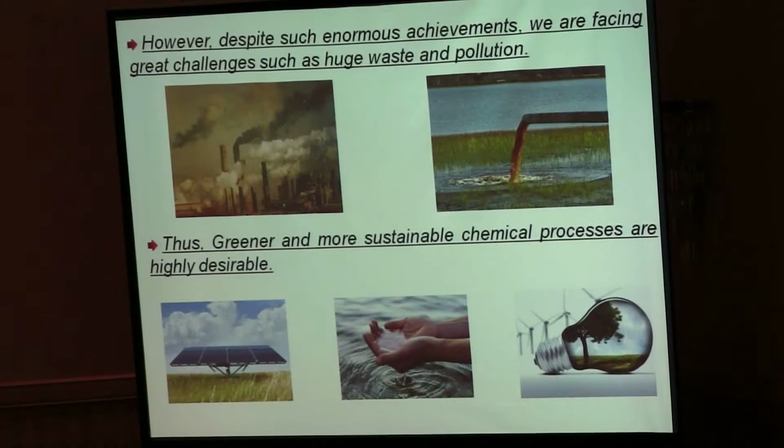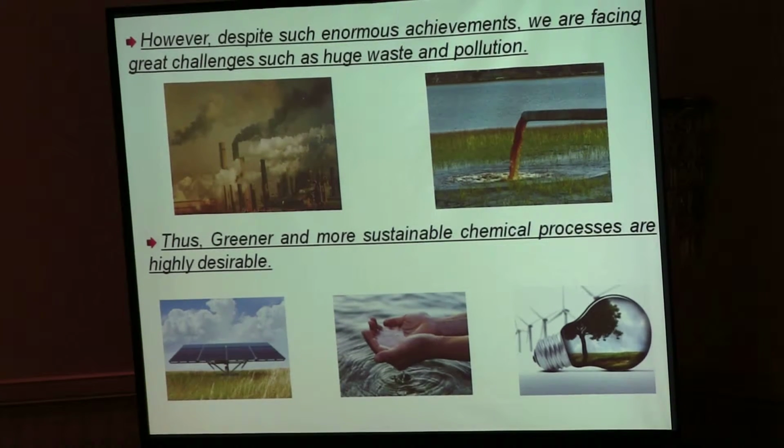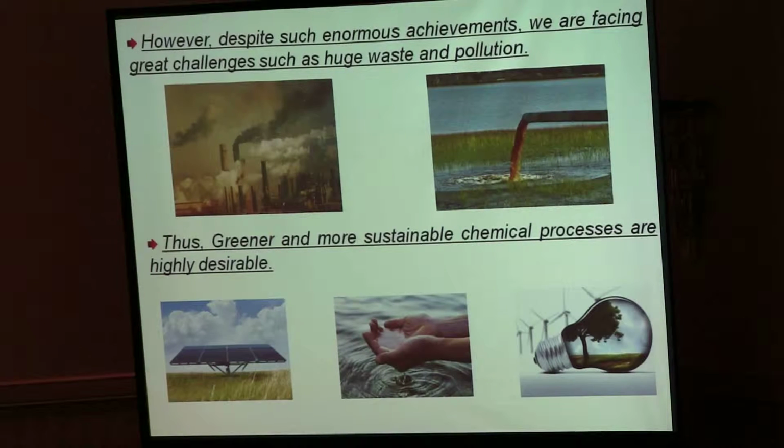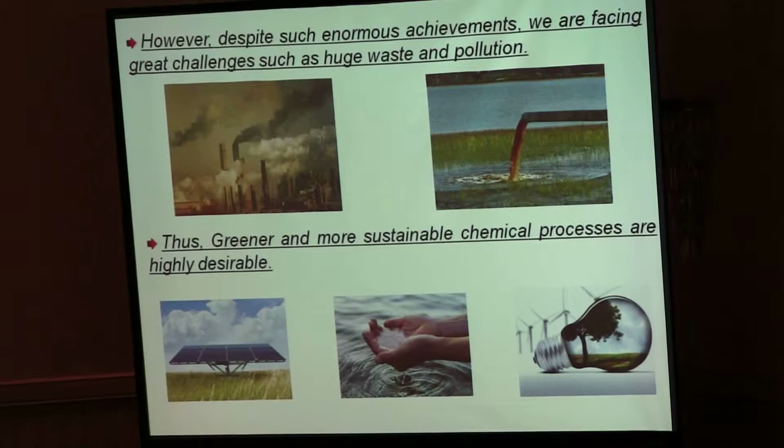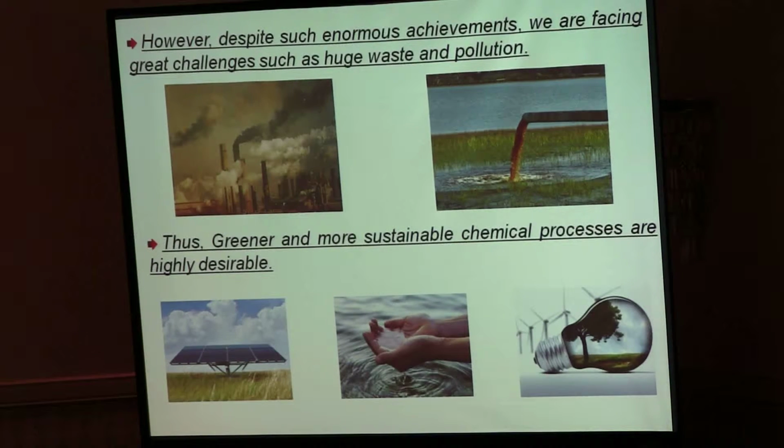However, we also have many challenges in organic synthesis, such as huge waste and pollution. So from the 1990s, green chemistry was introduced by some scientists, and now greener and more sustainable processes are highly desirable.